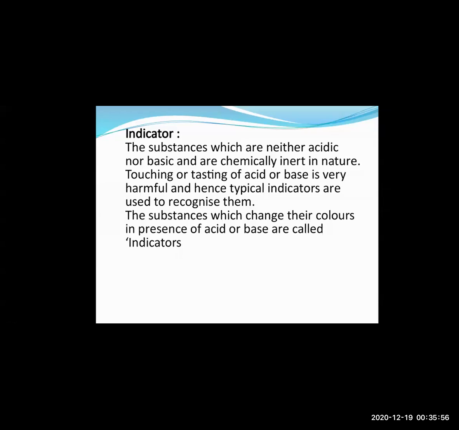So our scientists have told us that instead of this we can use litmus paper for identifying the acid solution and basic solution. Now there are some substances which change their color in presence of acids and base. Those are called indicators. When a substance changes its color in presence of acid or base, those are called indicators.